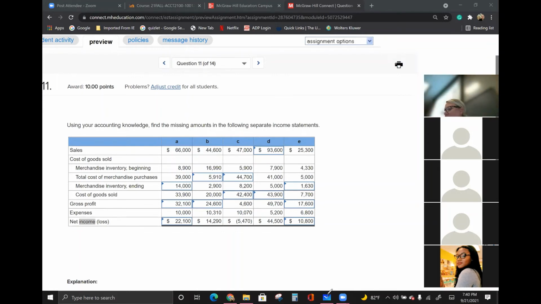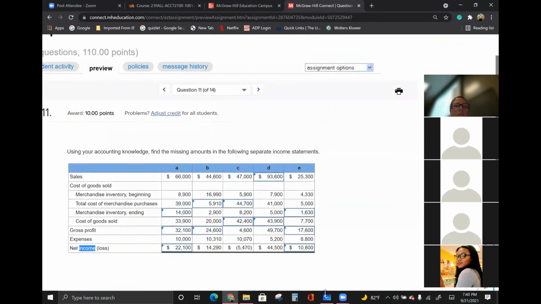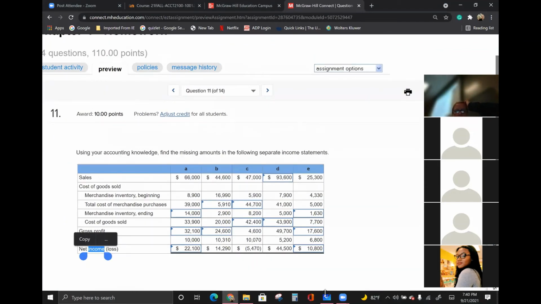So minus 5,000. No, so your purchases should be 51.5 because you have to deduct that from what was available. Take the beginning inventory and deduct what was available and you should get the 51.5. Is that the number? Yeah, that is right. Okay.